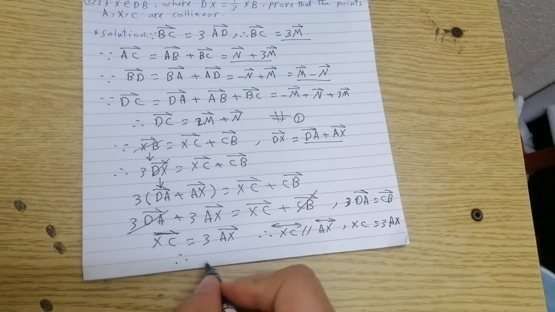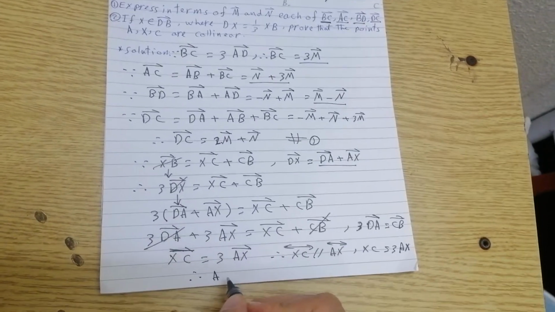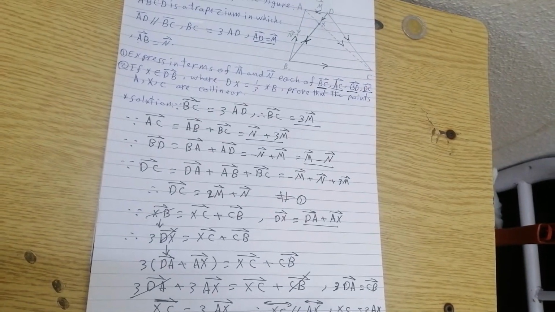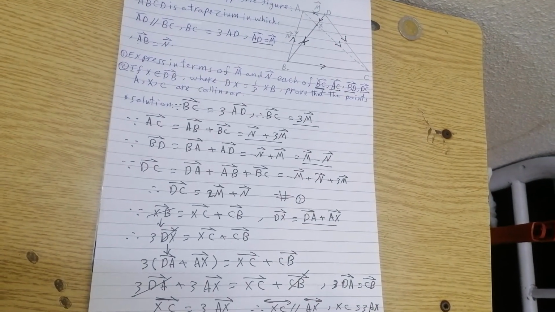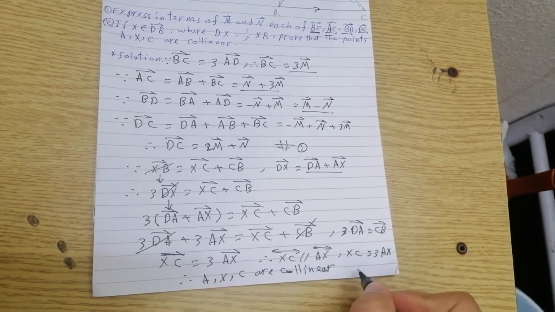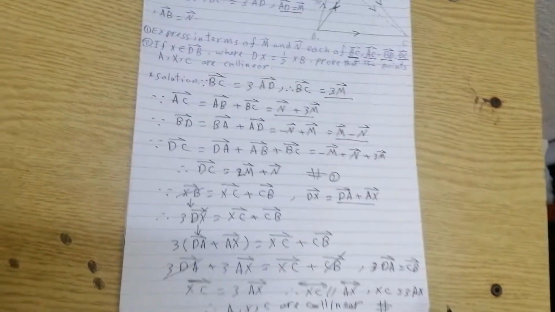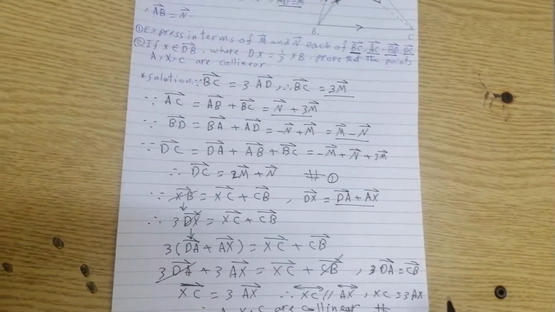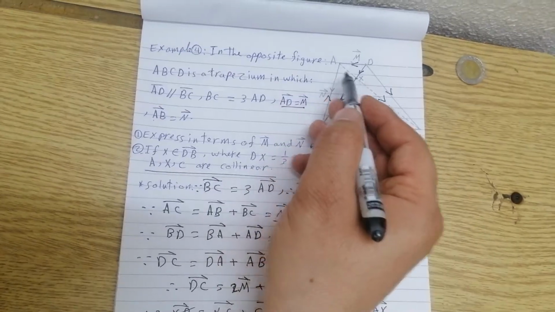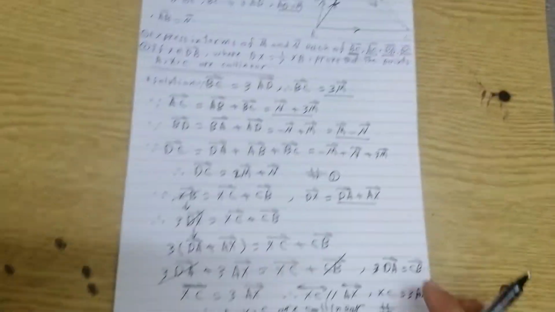Then A, X, and C are collinear, and that is very important. So let's see the next exercise.